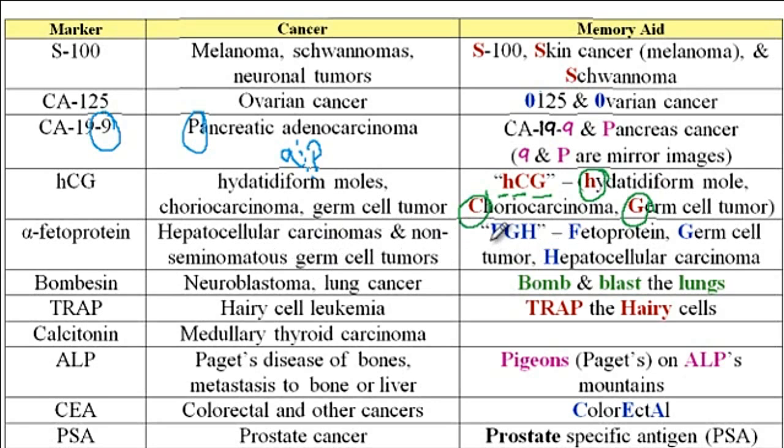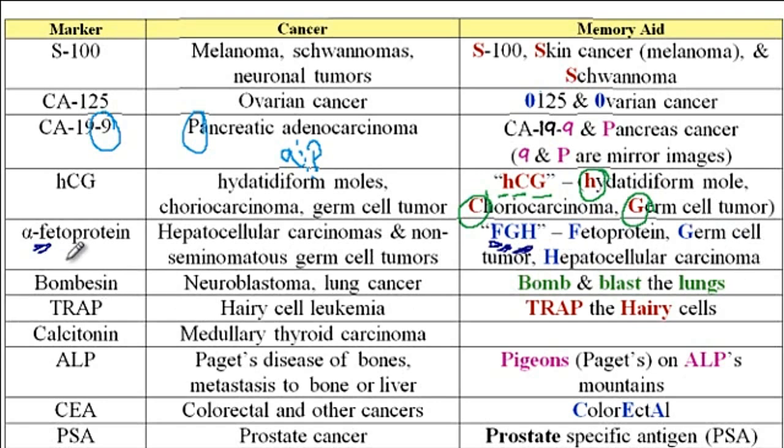The way you can memorize it is that alpha-fetoprotein starts with F, and if you continue in alphabetic order, it's FGH. So A, B, C, D, E, FGH, I, J, K, and so on. F stands for fetoprotein or alpha-fetoprotein, G stands for germ cell tumors, and H stands for hepatocellular carcinoma.